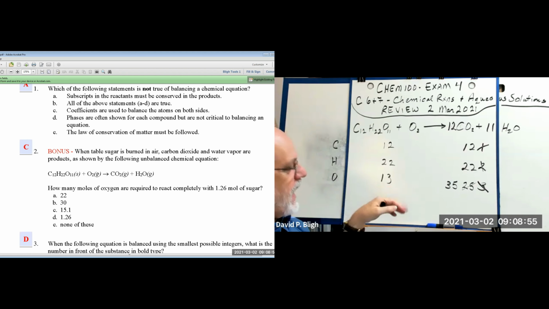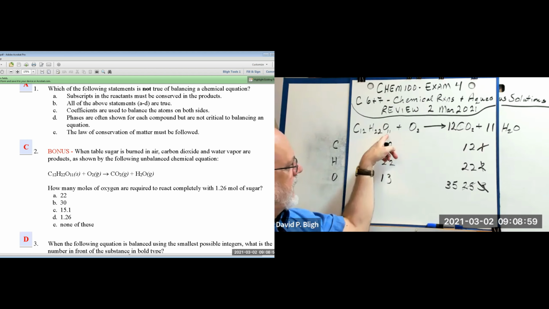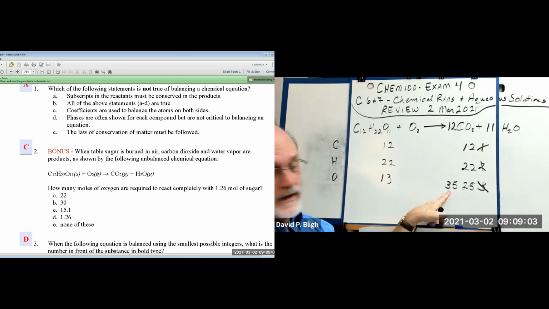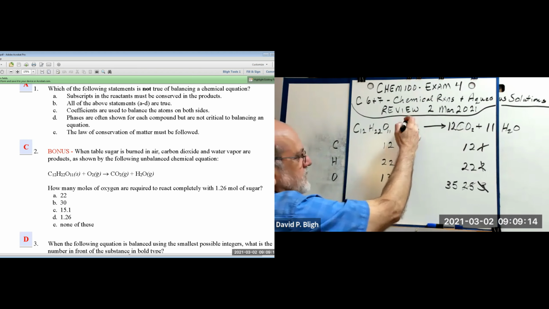So how many do we actually need? Right? Well, 11 are spoken for. So 11 from 35 is 24. So we need 24 more oxygens. So how about 12?